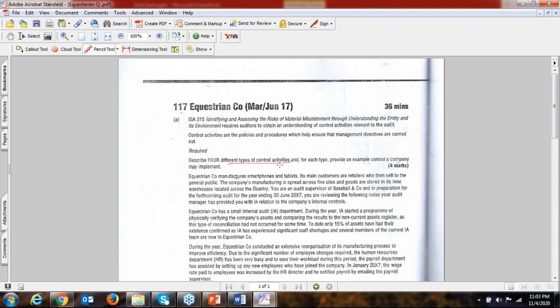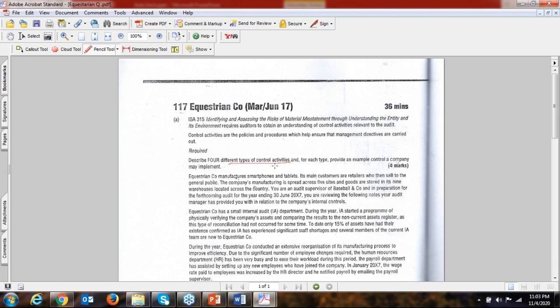I'm repeating this sentence; you can write it down on your paper as well. Control activities are used for making the controls to achieve control objectives. Control activities like segregation of duties, physical access, authorizations, these are all the control activities.